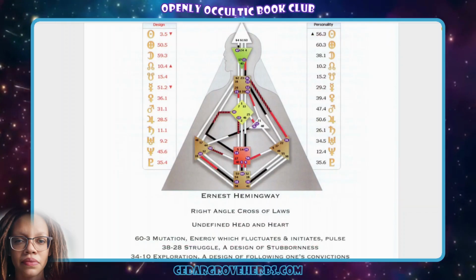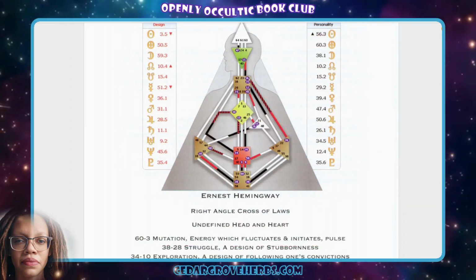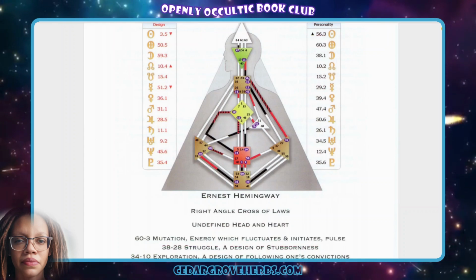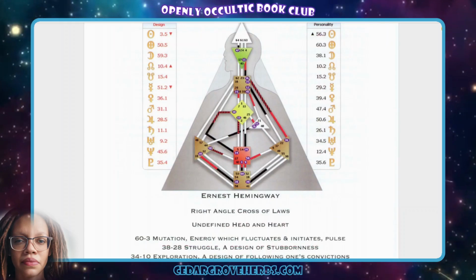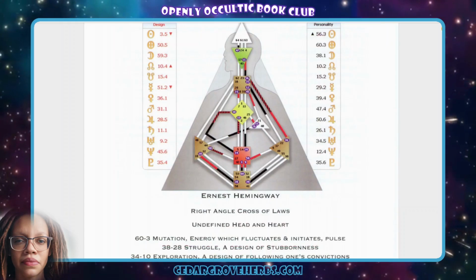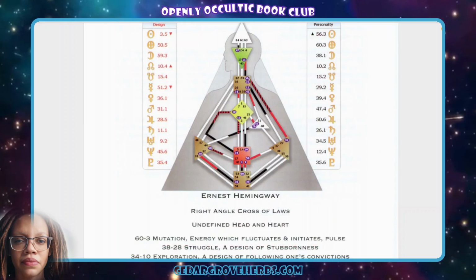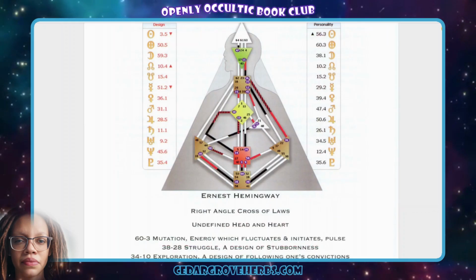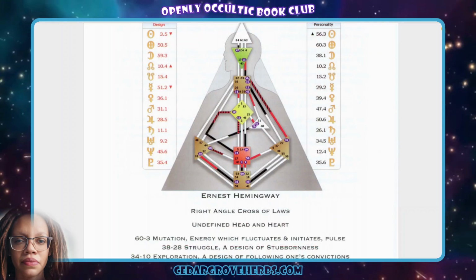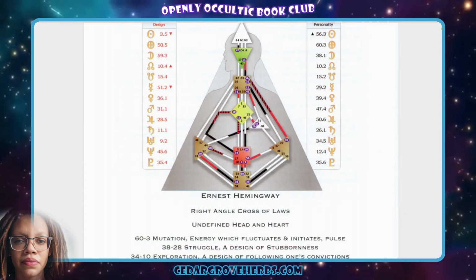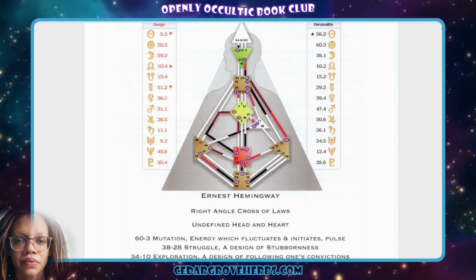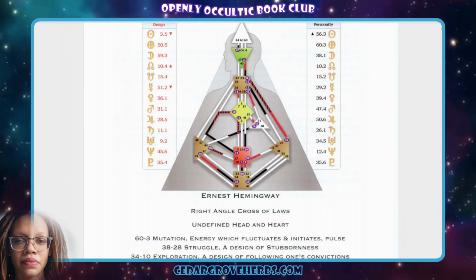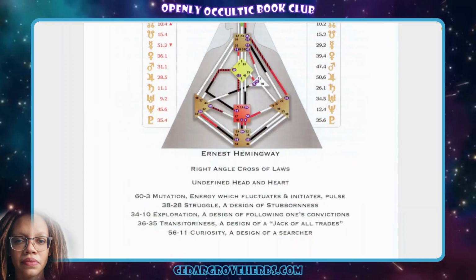If gate 7 was defined, you would have a flow from the ajna to the throat, to the G center, to the sacral, to the root, over to the spleen, also from the throat down to the solar plexus. So it would all be one continuous flow of energy. There would be no broken connections if they had gate 7, but they don't.